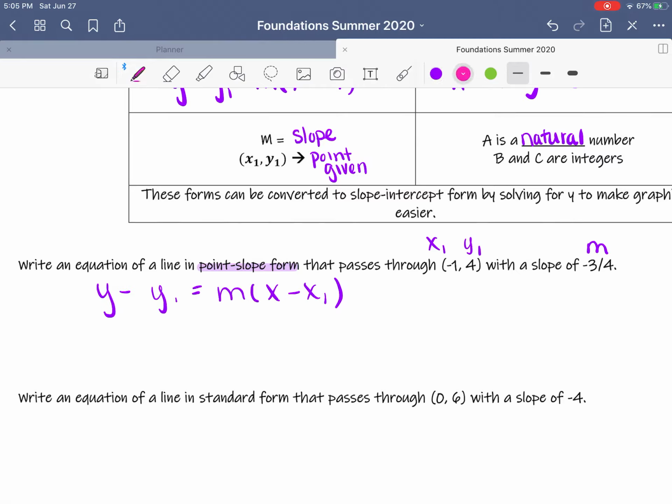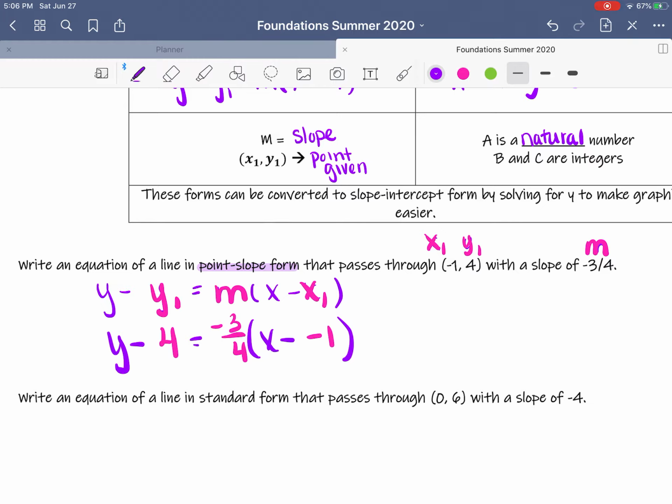So I'm actually going to rewrite these in pink so you can see where they go, and I'm going to sub them right in. So 4 goes in for y1, -3/4 goes in for m, and -1 goes in for x1. And then I'm going to rewrite the purple information like that.